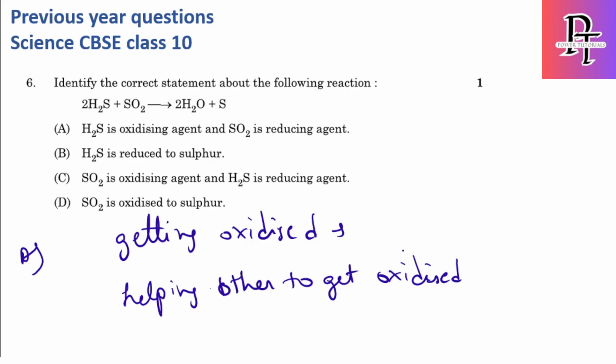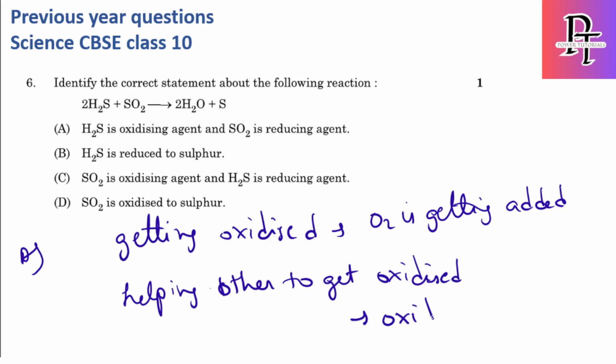Which is getting oxidized means oxygen is getting added, whereas which is helping the other get oxidized is the oxidizing agent. I'm again repeating: what is getting oxidized has addition of oxygen or removal of hydrogen, but mostly it will be addition of oxygen. Helping the other to get oxidized is the oxidizing agent.